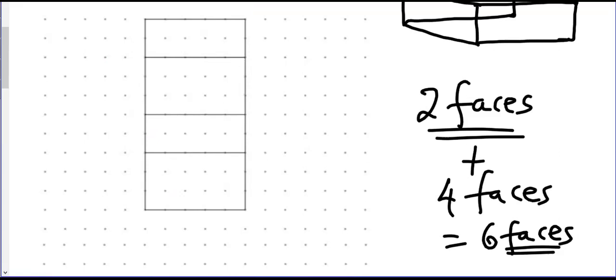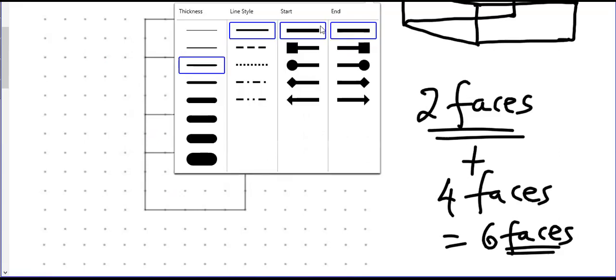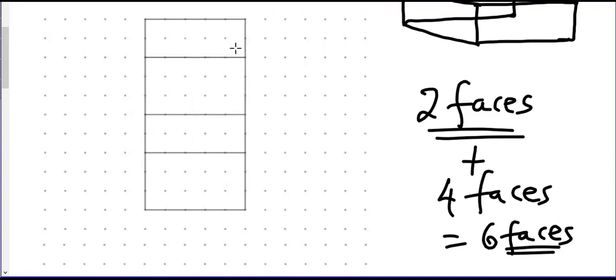Now, how do I attach the other 2 faces? It's simple. Can you see that from here to here, we have 1, 2 boxes. From here to here, we have 1, 2 boxes. So go ahead drawing here, from here, count 2 boxes, okay?